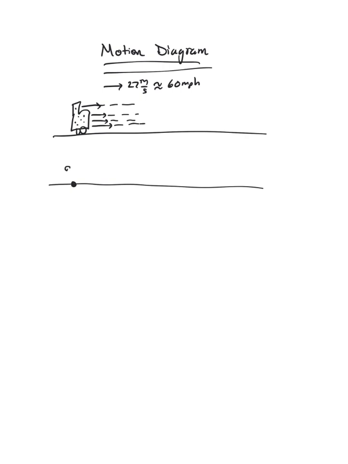So let's suppose that this is the car at time equals 0 seconds. After just 1 second, the dot would be at a different location. So at time equals 1 second, if the car started at 0 meters, the car would be at 27 meters, right?